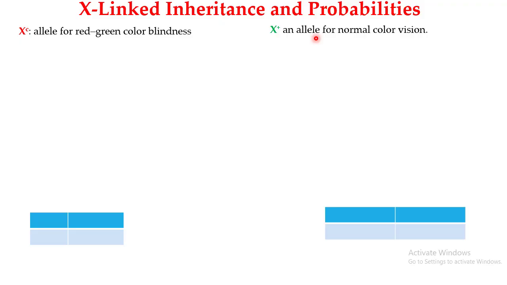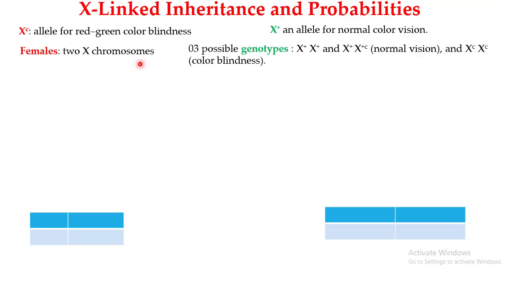Whenever you talk about X-linked inheritance, the scenarios are different in males and females, and the reason is that the number of X chromosomes in males and females is different. Females have two X chromosomes, so you can actually expect three kinds of genotypes in females. The female can be homozygous for the normal color vision allele, for example, both of the X chromosomes carrying the allele for normal color vision.